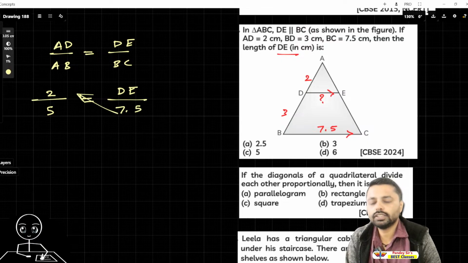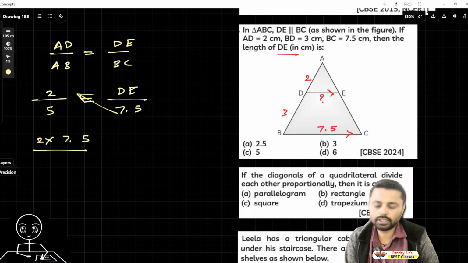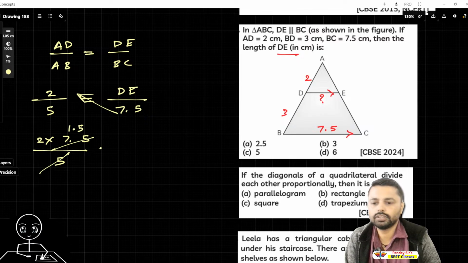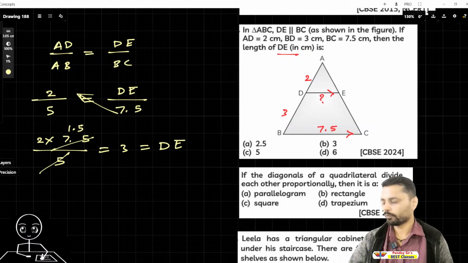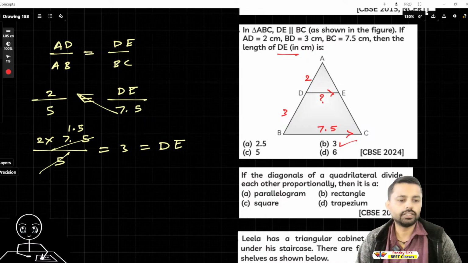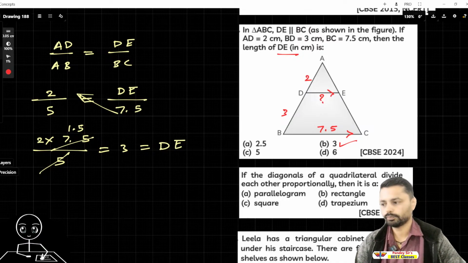Now cross multiplication. 2 into 7.5 by 5 gives 1.5, and then that will be 3, which is DE, and that's the answer. The correct answer is B, 3. If you still have any doubt, something you did not understand, you can ask me.